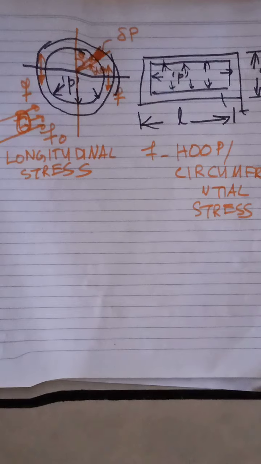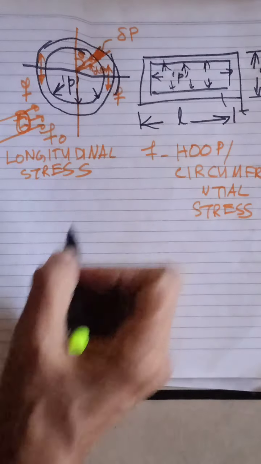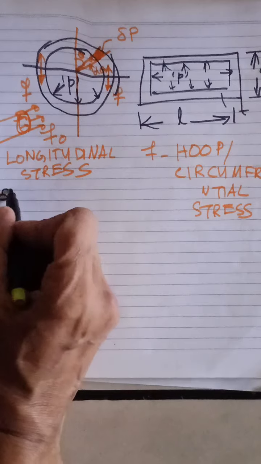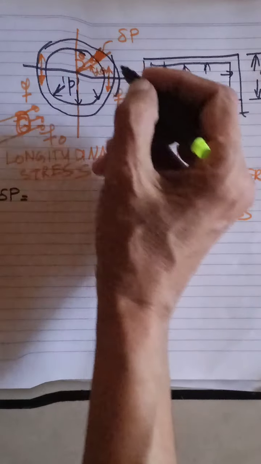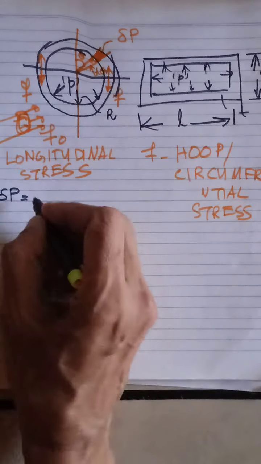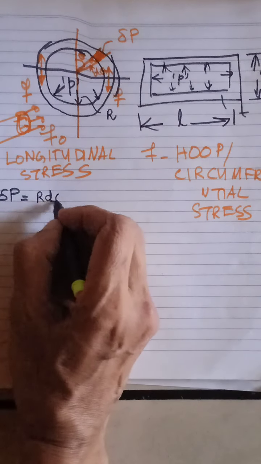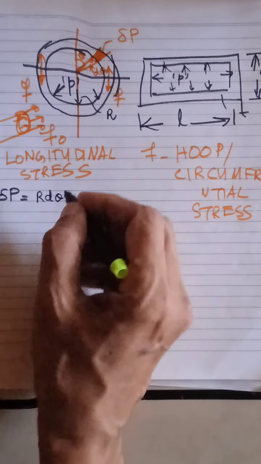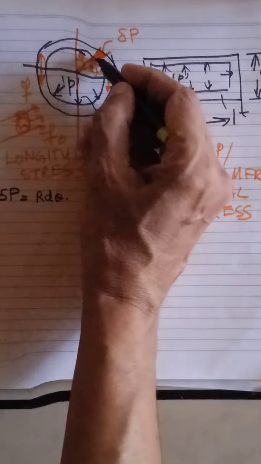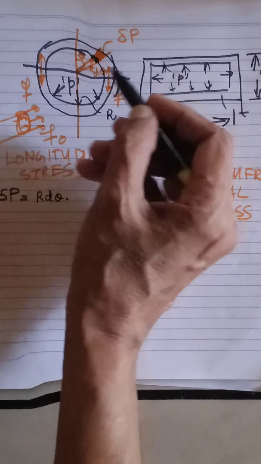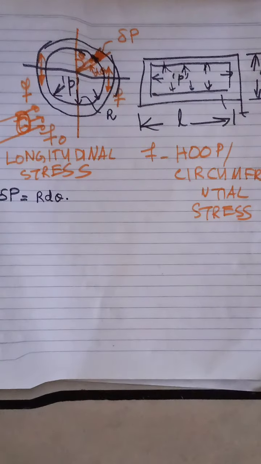How will you analyze this due to the internal pressure? You are considering an element. So delta P is the pressure force acting on that element. What is the width of that element? If the radius is r, the width will be r delta theta, and that is happening all throughout the length.